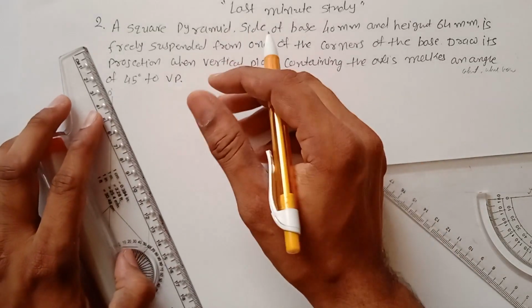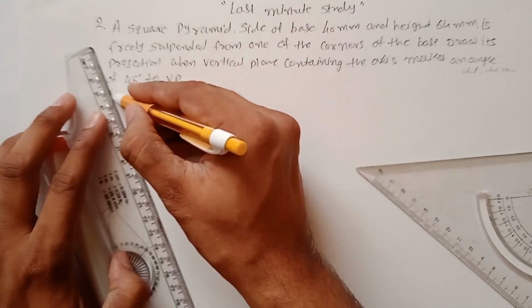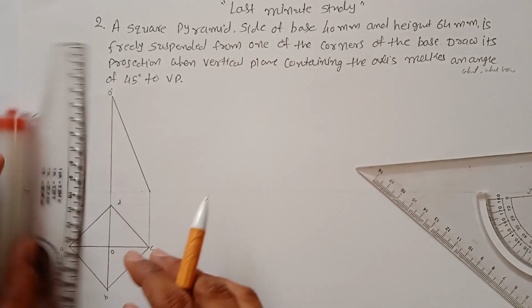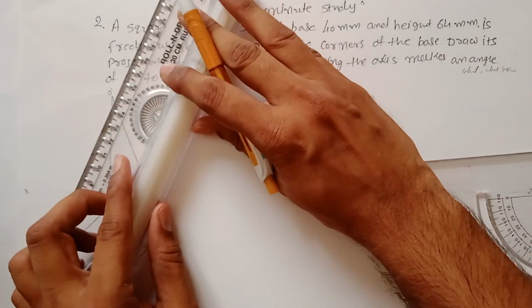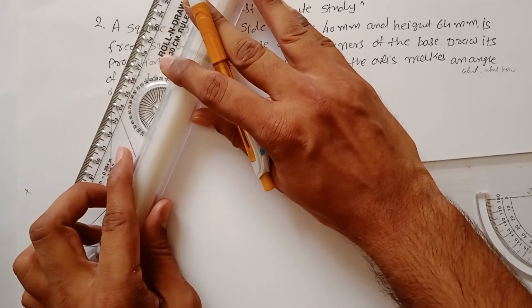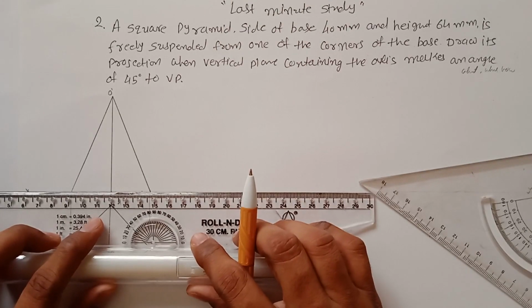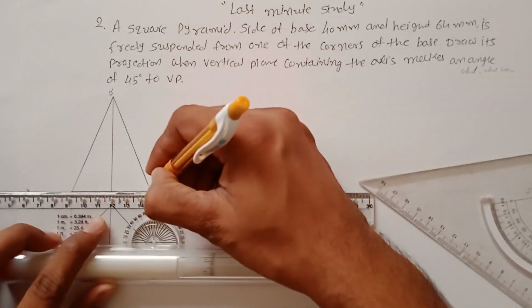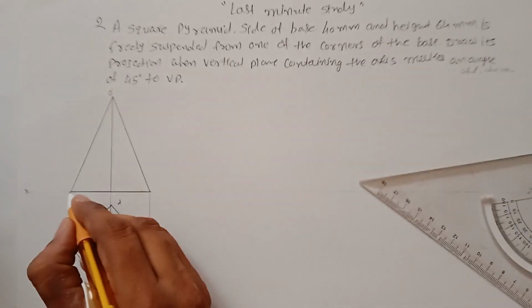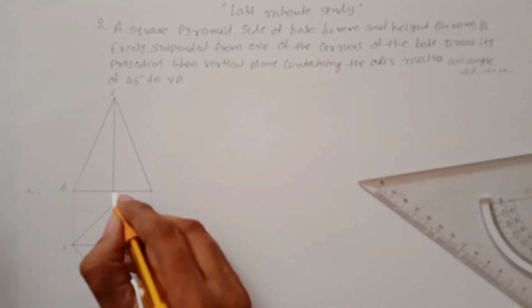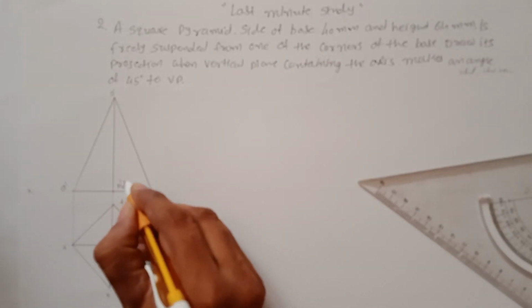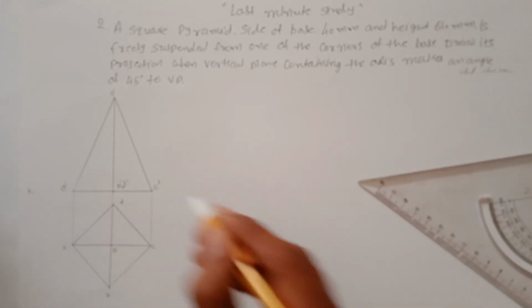If you join it with the corners, this gives you the front view of a square pyramid. This point is A dash, this is B dash and D dash, and this is C dash.